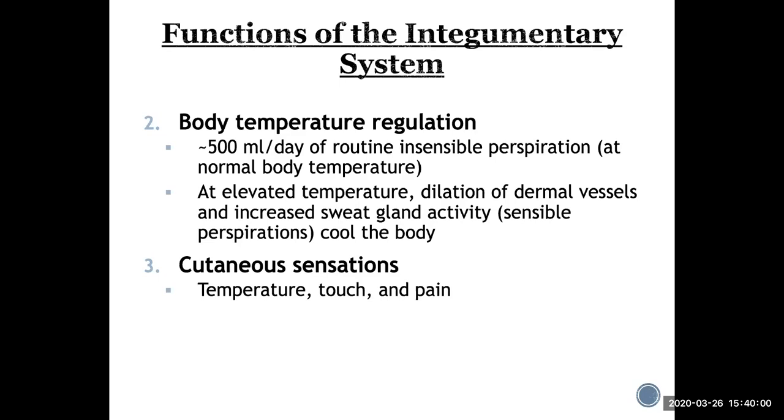I don't have them in the PowerPoint, I forgot. They're very close to the epidermis, so they're better for very, very fine sensations. And then those free nerve endings that we talked about, again, you don't have to know what they're called. They're just a sensory receptor for you guys, but they help you to feel temperature, right? So you can feel whether whatever you're touching is hot or cold.